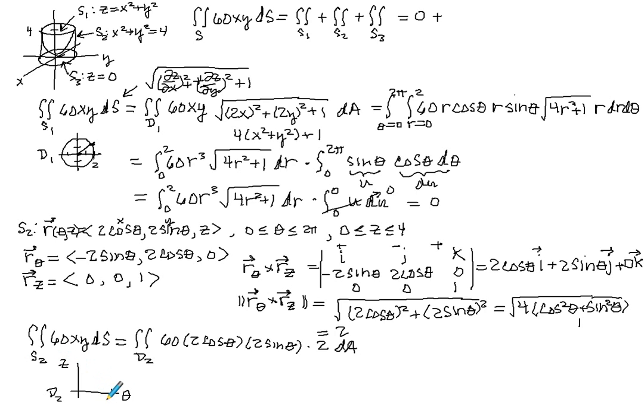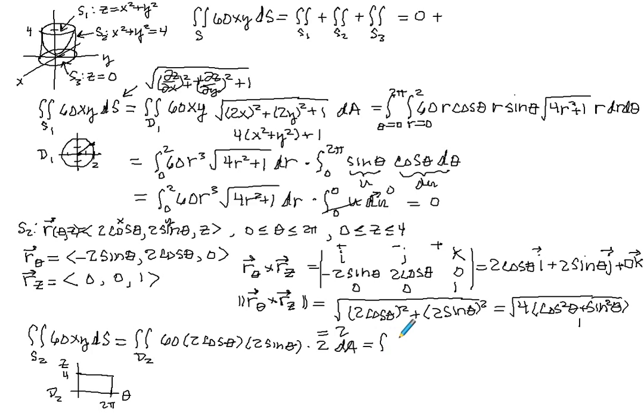Theta goes 0 to 2 pi, and z goes 0 to 4, and we're integrating on that rectangle. So this dA here is actually going to be d theta dz.